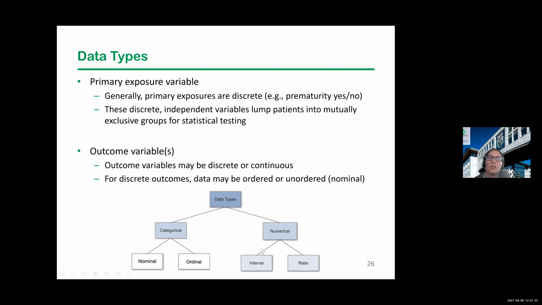Numerical, we have our interval data, which is just continuous data, so negative to positive infinity, maybe like lab values. And then we have ratio data, which could be like rates of disease.